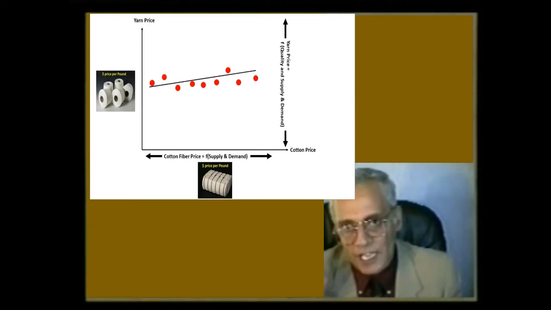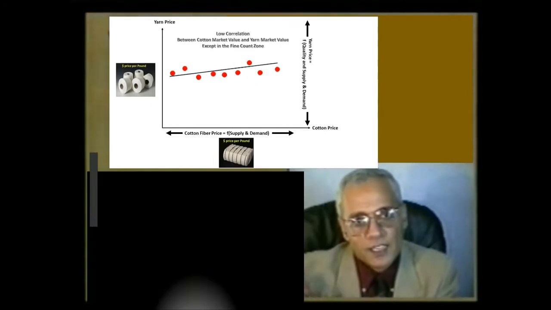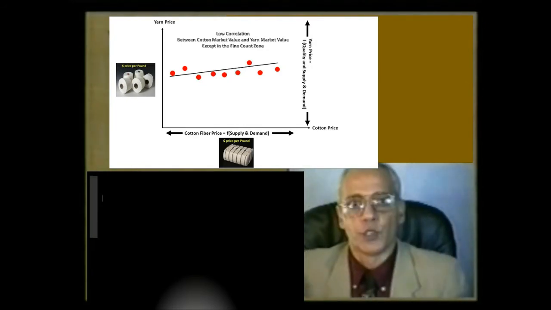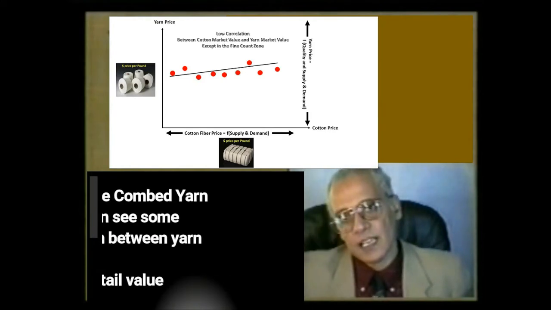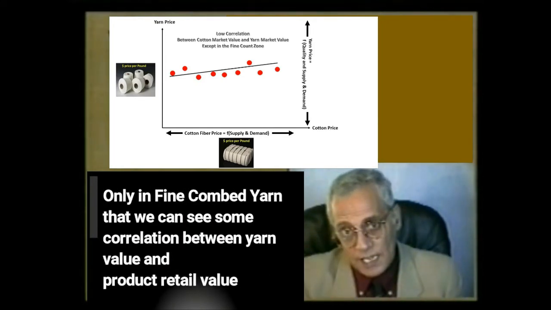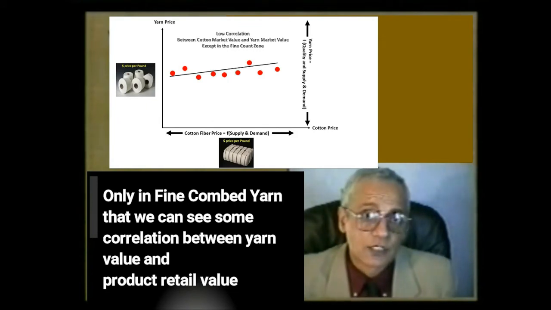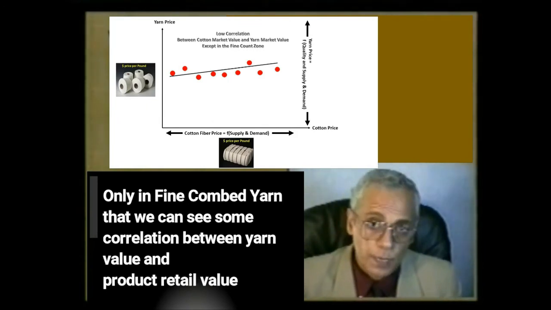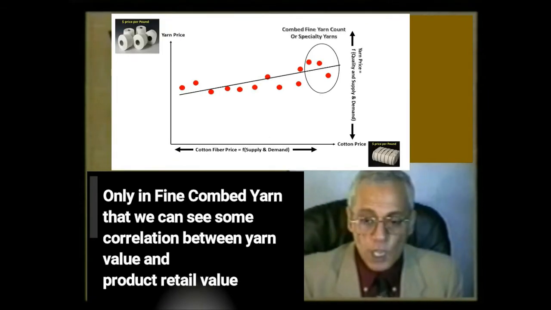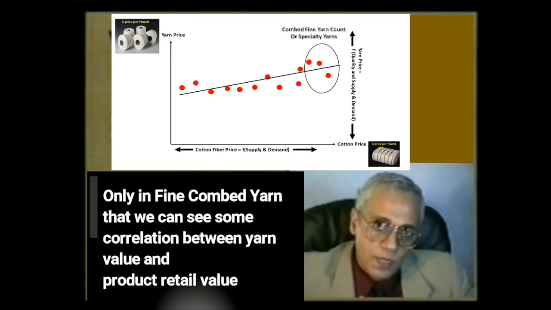One exception to that is the very, very fine yarn, which has a very specific market niche. So we know that we're making this fine yarn to be used in high quality products. And even with that, the exception is not so much of an exception, because the correlation there would be about 0.6 to 0.7. What does this correlation mean?